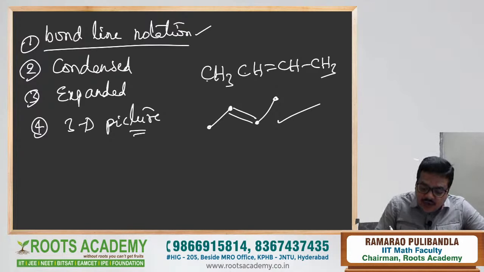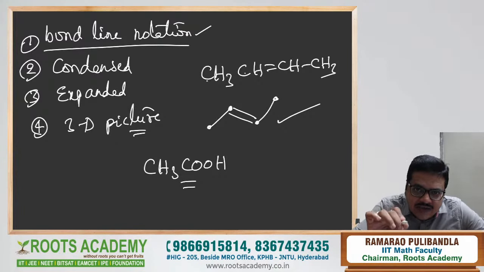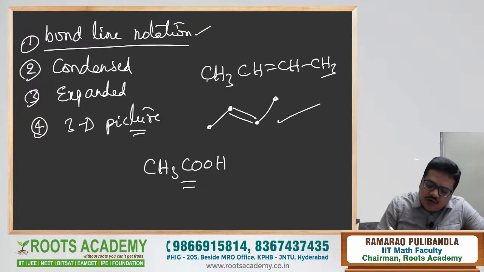For example, if you have CH3COOH, how to write its bond line notation? Because in organic chemistry, in all competitive exams, they give bond line notations only, not a clear picture. Here how many carbons? 2 carbons.